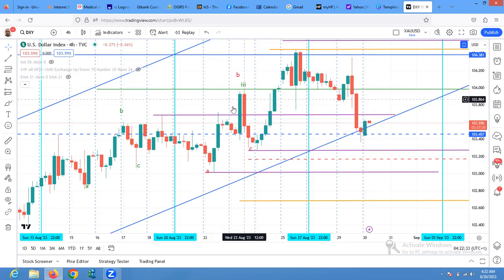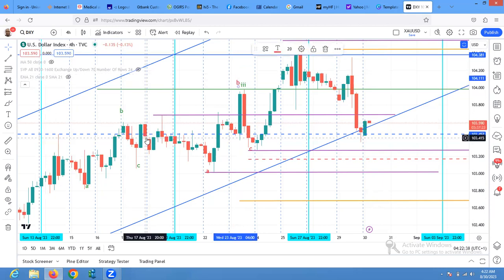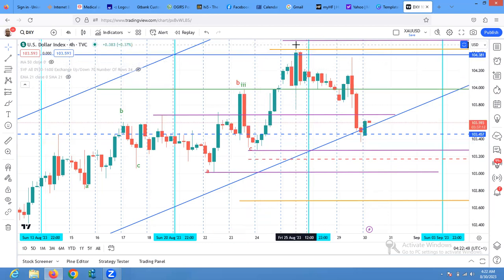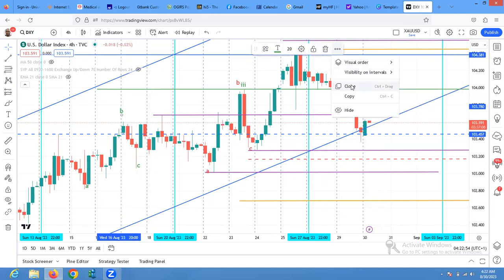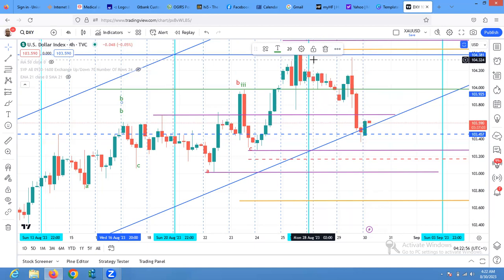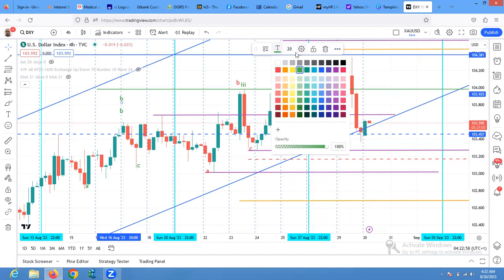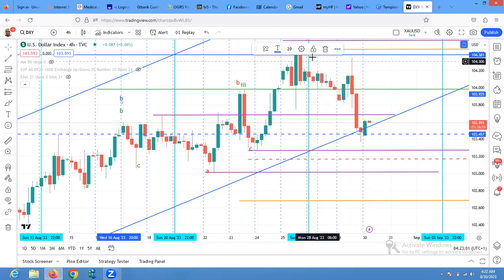So all these are just part of correction of wave 4 major, A, B, C. So that's what I can see. So this is where wave 3 has ended, and this is now wave 1 of 5. If I'm going to do that, I can begin to use blue for that on this.